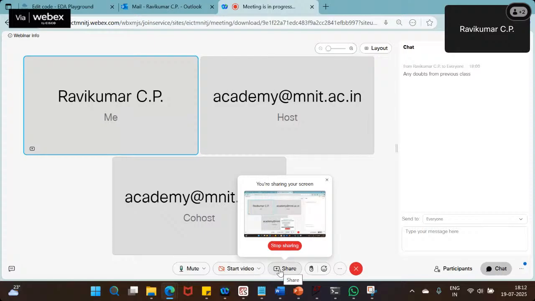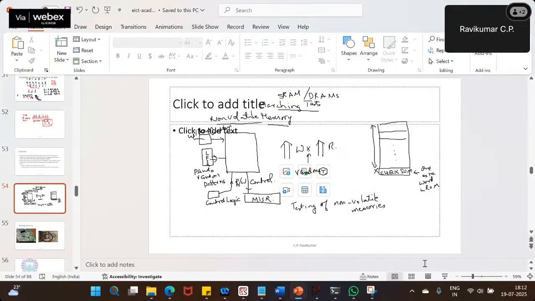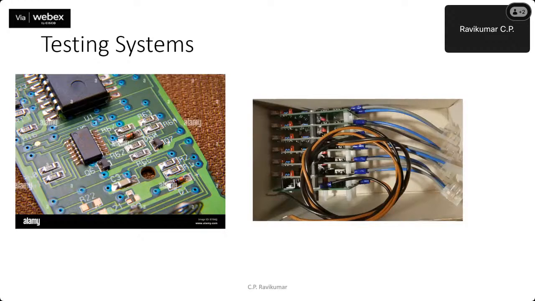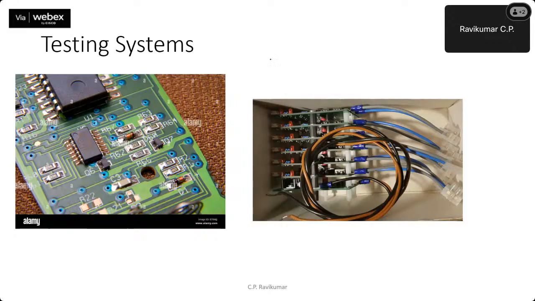So let us come to the topic that was supposed to be covered today. Today we are going to talk a little bit about system level testing. Today's systems are fairly complex. We have systems on a chip.